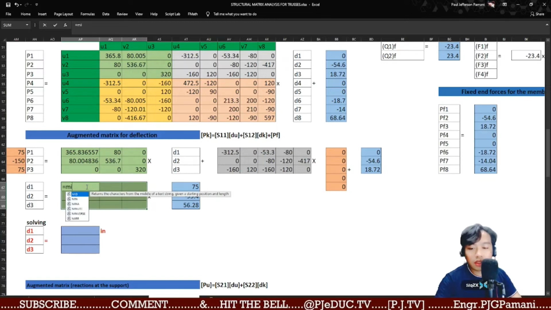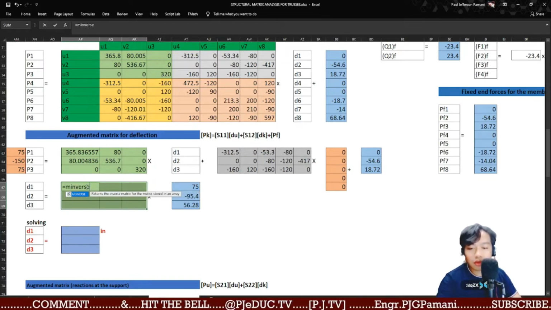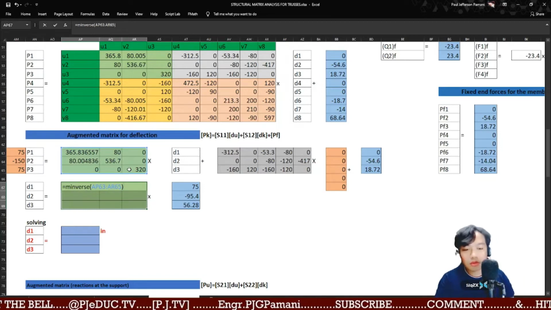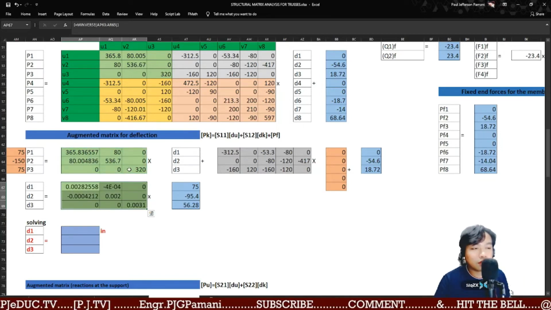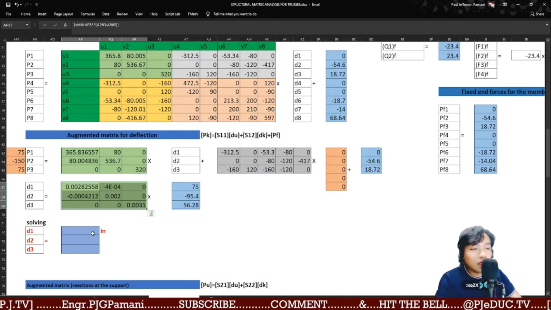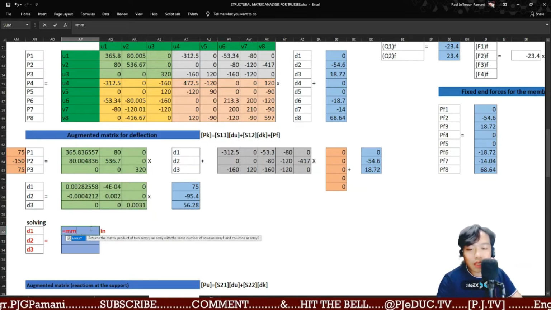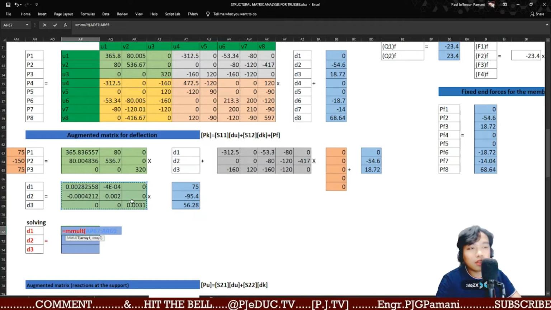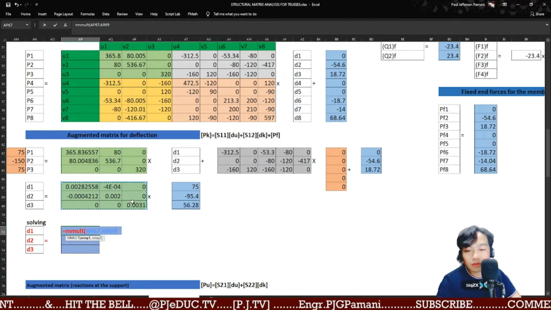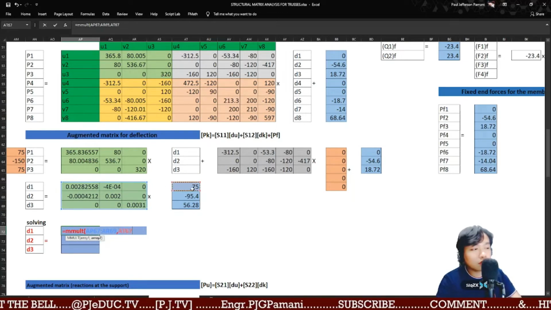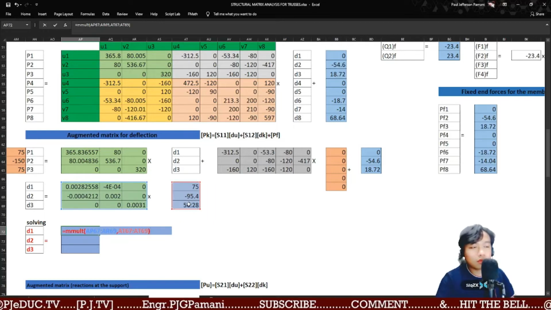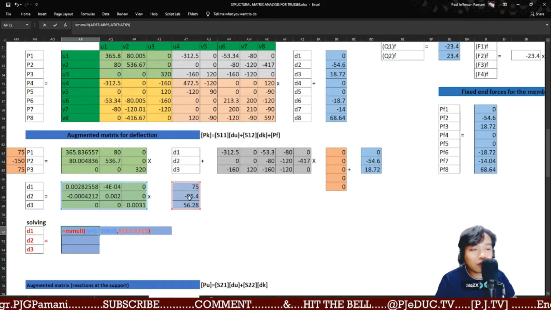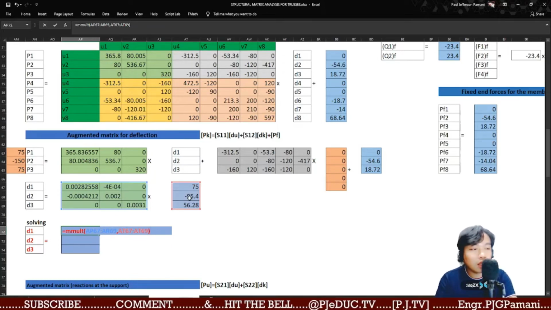So, M inverse of this matrix, Control Shift Enter. And of course, multiply it with the difference of such. Okay? So, a 3 by 1, 3 by 3 times 3 by 1 definitely will give us a 3 by 1 matrix.